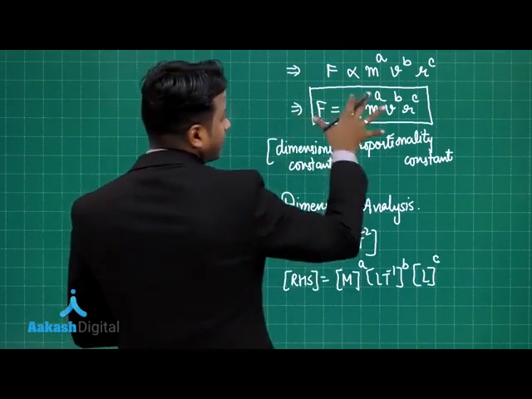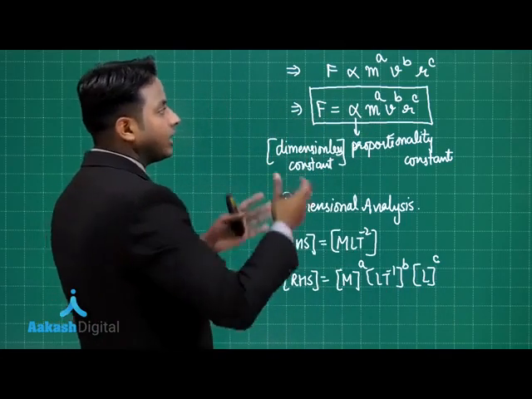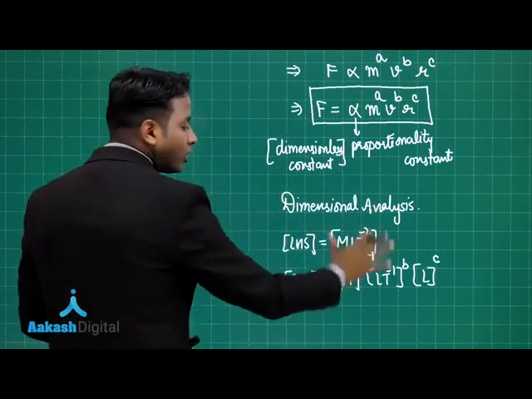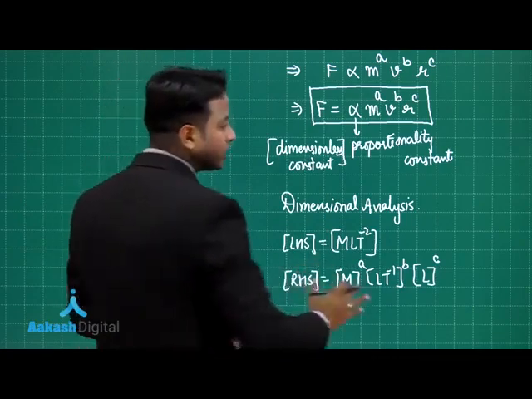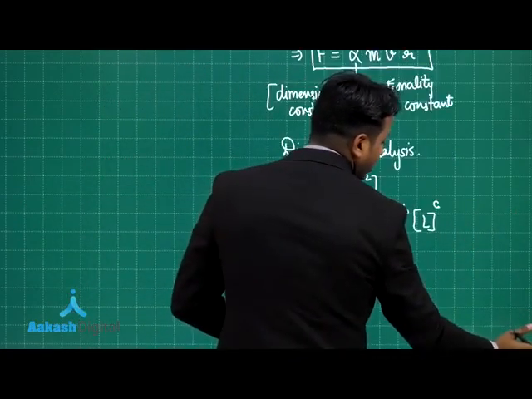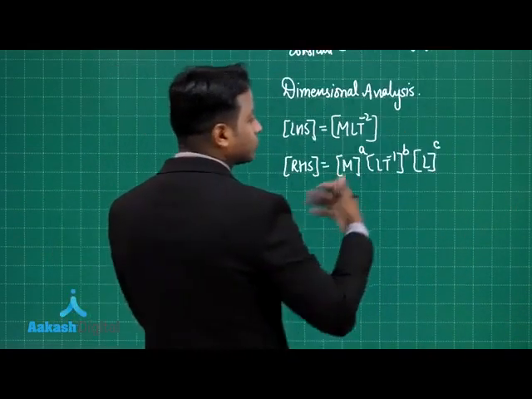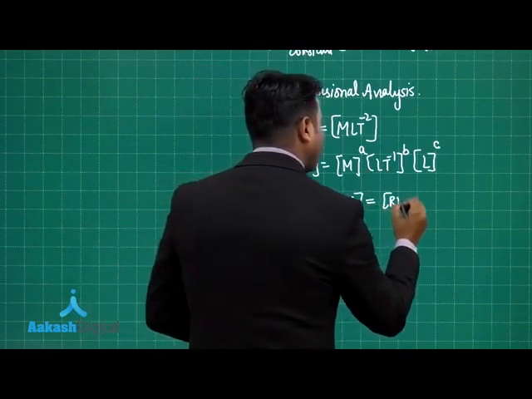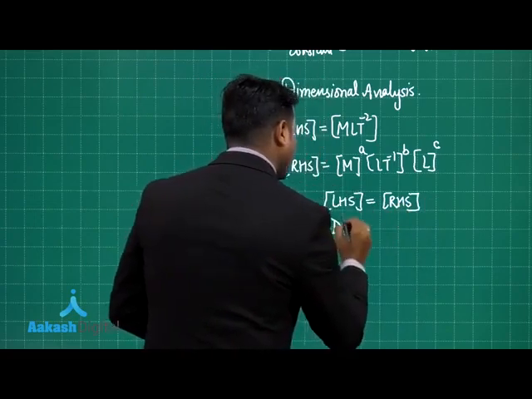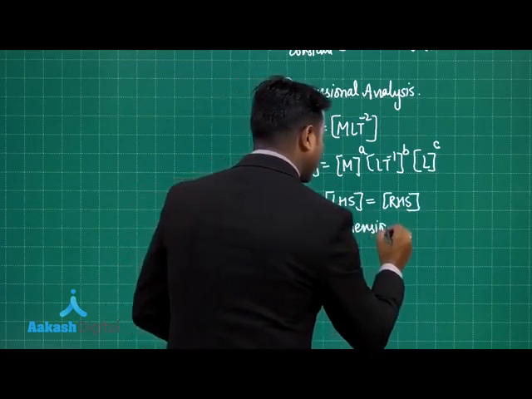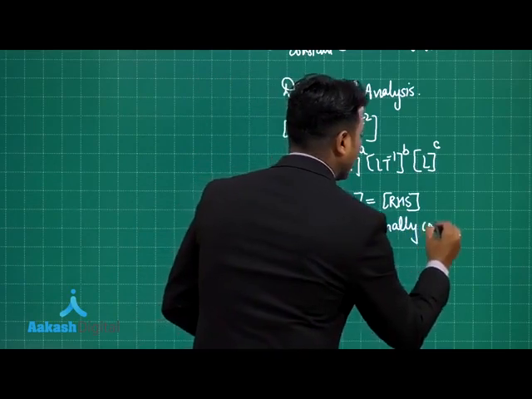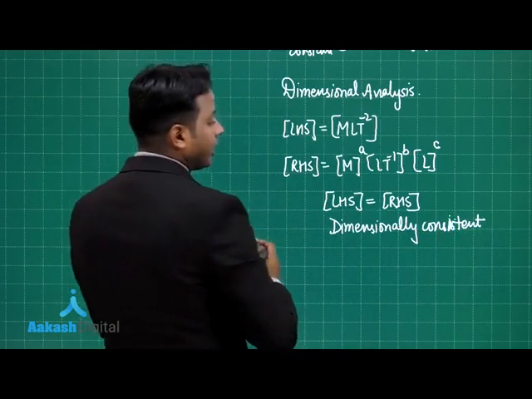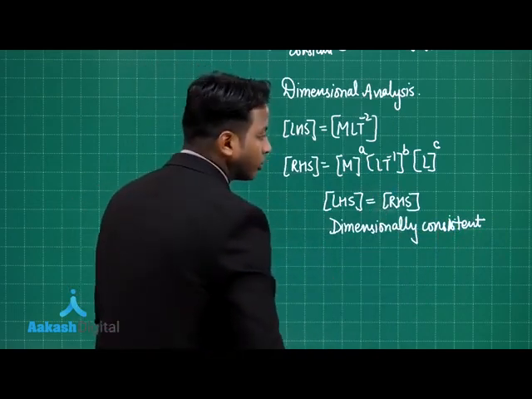Now if this is the final equation we have, the dimension of the left hand side and the dimension of the right hand side should be equal. In order to maintain the consistency of a physical relationship, it should be dimensionally correct, so the dimension of LHS should be equal to the dimension of RHS.